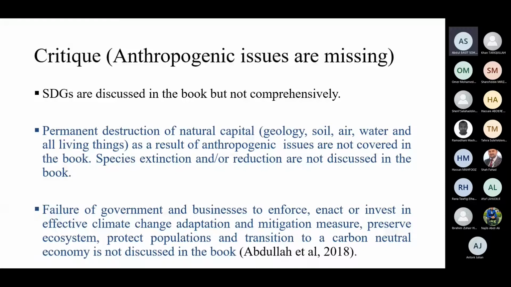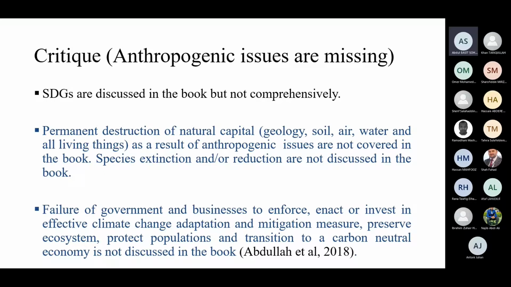Sustainable development goals are discussed in the book, but there is a need to talk about them in a comprehensive manner. Permanent destruction of natural capitals, geology, soil, air, water, as a result of anthropogenic issues are not covered in the book.